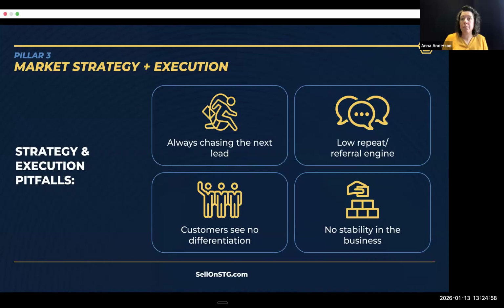That shifts from a point of pain with the roof leaking to all of a sudden you're investing in properties and homeowners that have a high likelihood of converting. That's where you can say, okay, repeat and referral business is fantastic. How do we transform that and begin to put that strategy in place for your next customer acquisition? We need to stop chasing those leads and bring stability to the business.